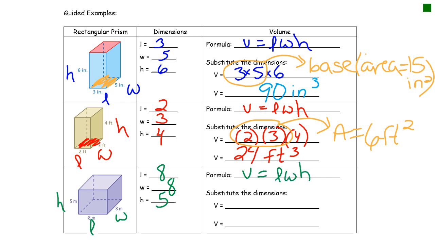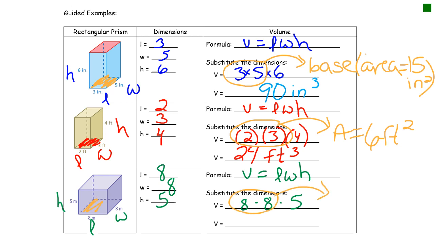I'm going to multiply those numbers together, so it would be 8 times 8 times 5. 8 times 8, of course, gives you 64. So again, that's your base right there.